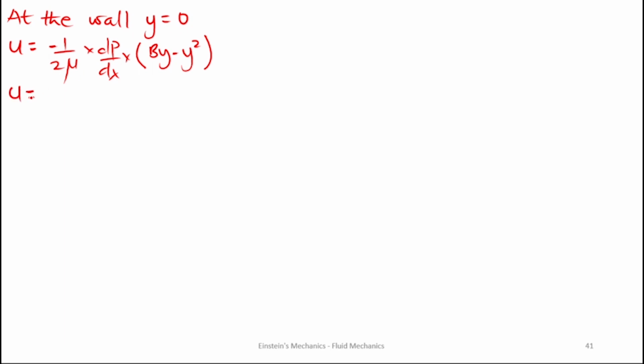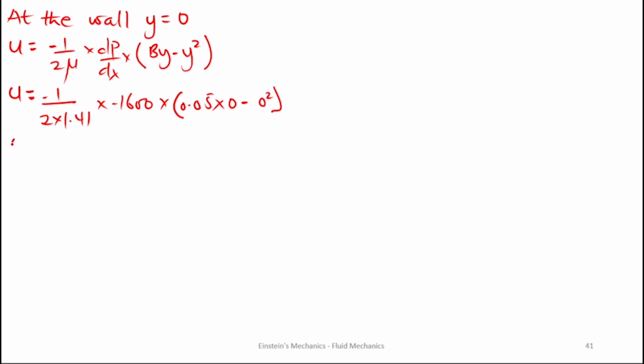So our velocity is going to be negative 1 on 2, this is 1.41, multiplying negative 1600, multiplying b, which is 0.05, multiplying at the wall y is 0 minus this 0 square. And remember, 0 times any number will be 0, and all of them are in terms of multiplication.